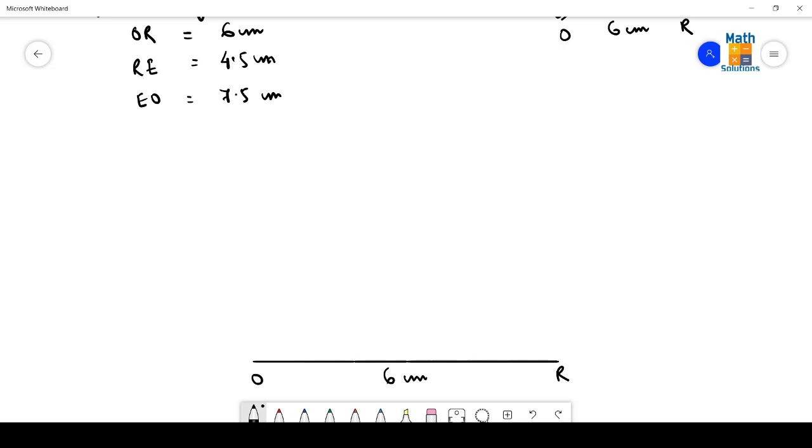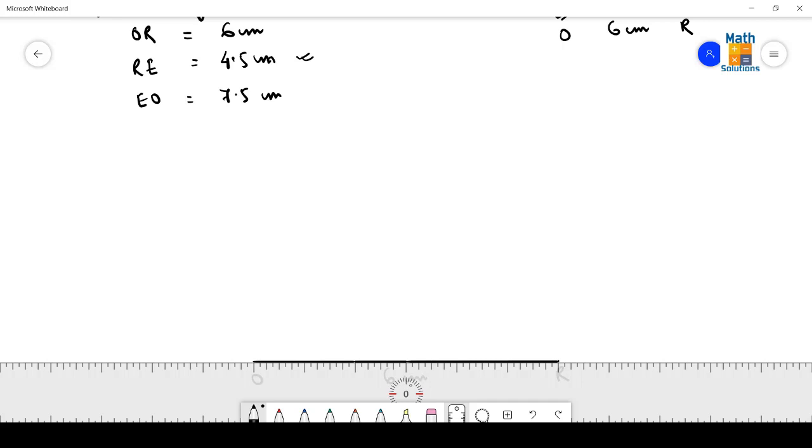Now we need to draw RE, what is given here. Taking R as the center and radius 4.5, because RE is 4.5 here, we shall be drawing an arc above OR, as we did in the previous sums in my last video. You can go through it if you want.